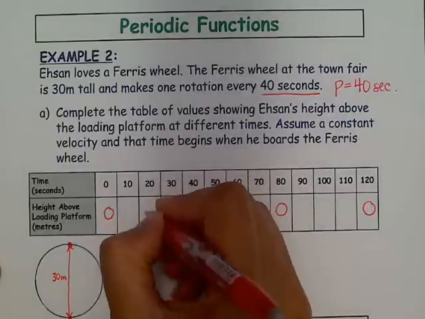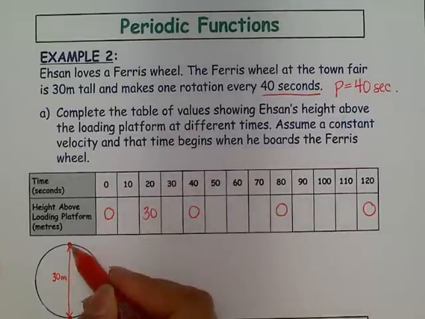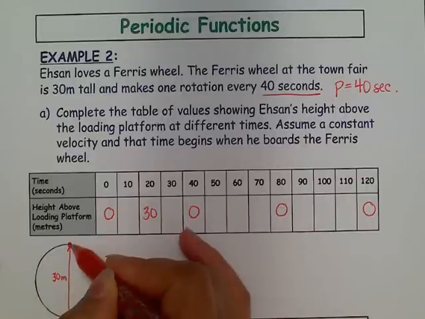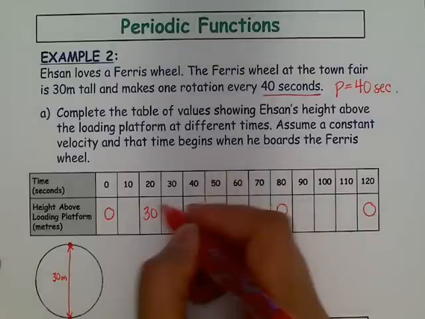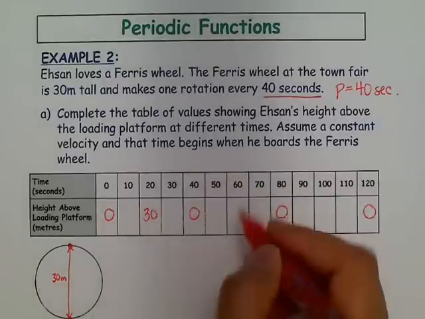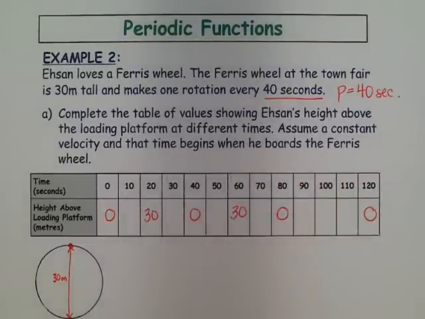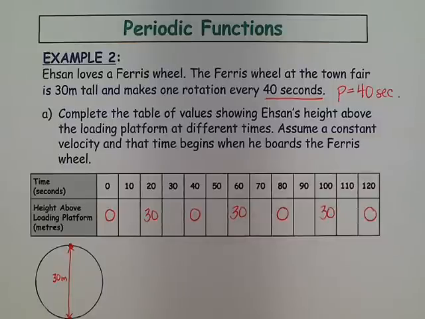So I know that at 20 seconds, his height above the ground is going to be 30 meters. So what that means is every 40 seconds, he's going to end up in the same place again. So in 40 seconds, his height's going to be 30 meters again. So what that means is halfway through the second rotation, this height is also 30 meters. And halfway through the last rotation, his height again is 30 meters.